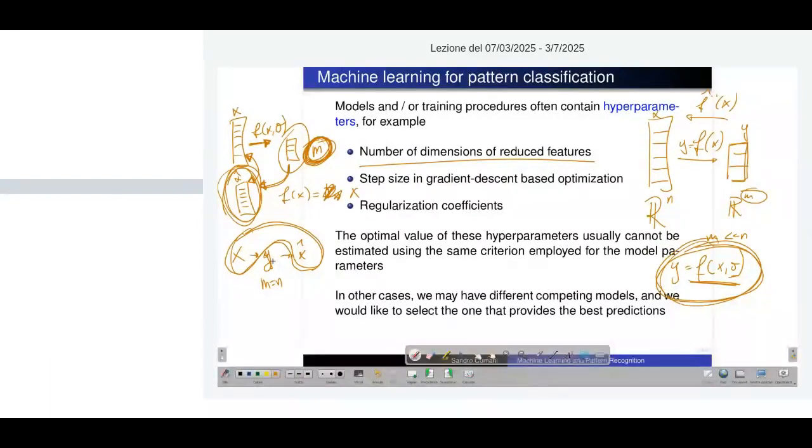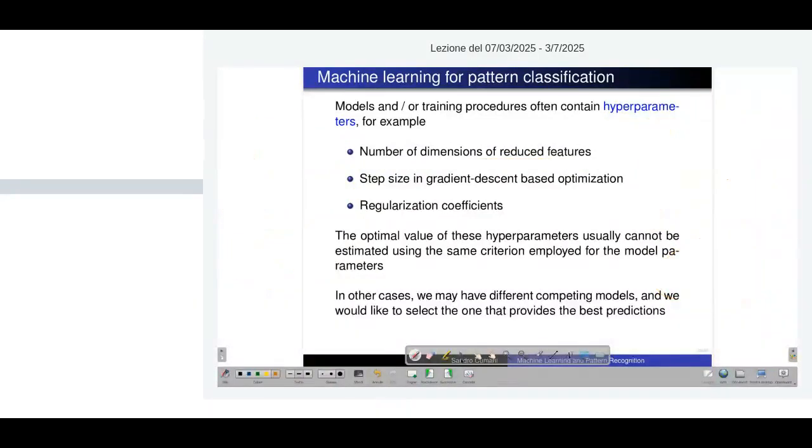If I want to minimize my reconstruction error, just don't compress anything and you will not have any error in your decompression. If you don't change your input, then you can reconstruct your input perfectly. But this is obviously not good. So we need to figure out a way to find a good value for the reduced dimension space. We need to find how much we can afford to compress and how to evaluate what is a good value for our compression.